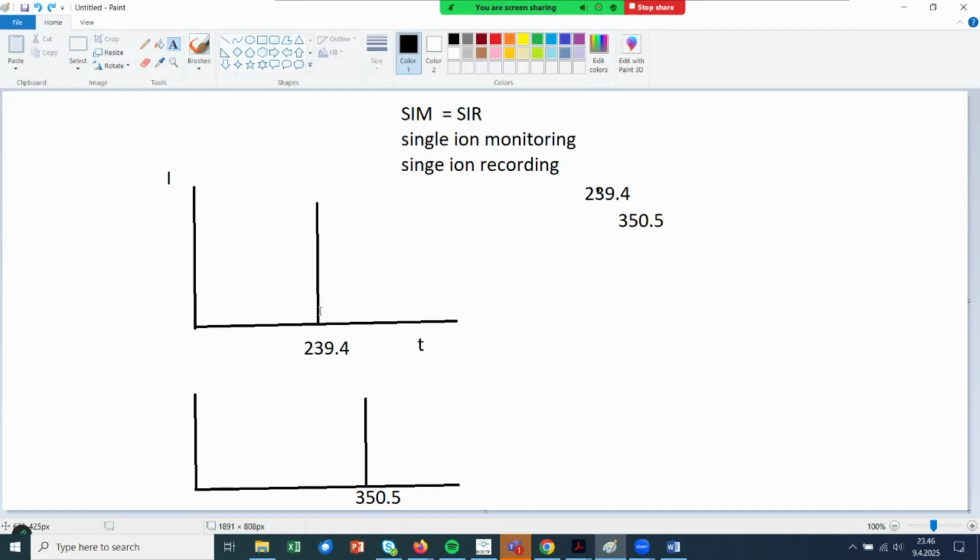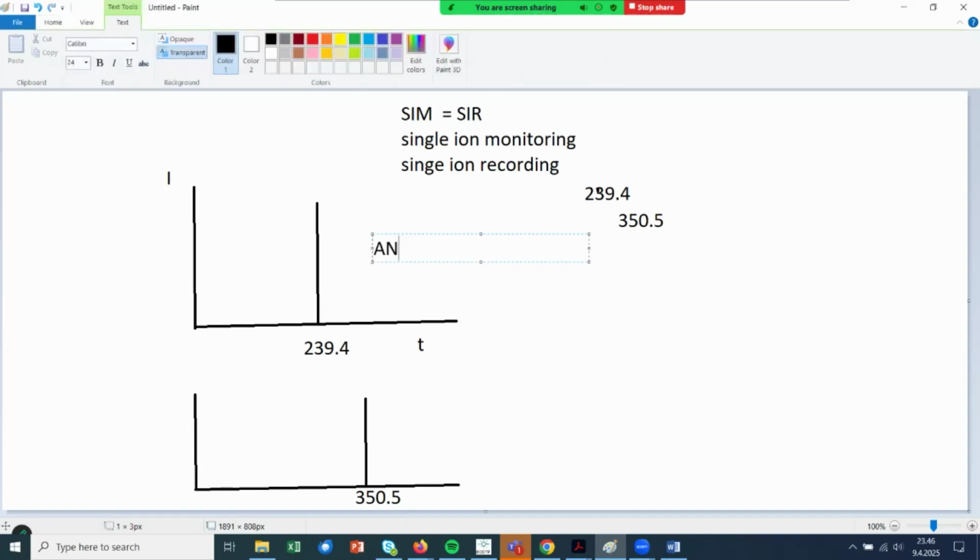It could be that we have two different compounds that have the same mass, and we have no way of distinguishing them because the elemental composition is the same, but they are different compounds.